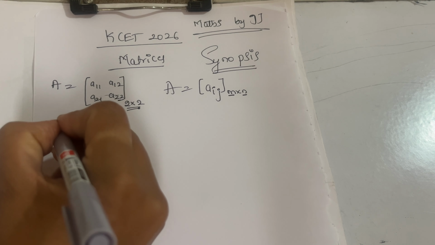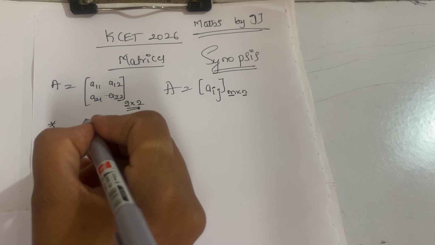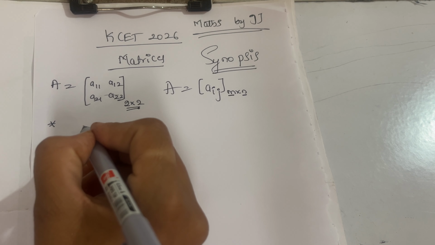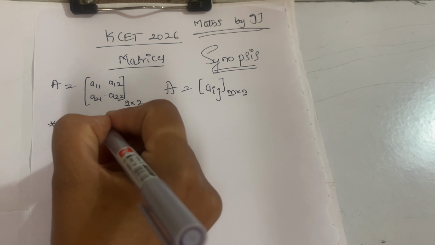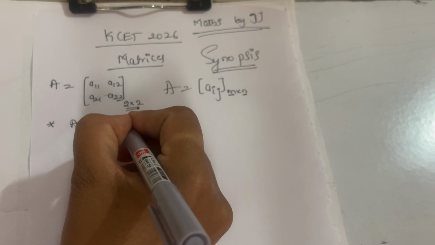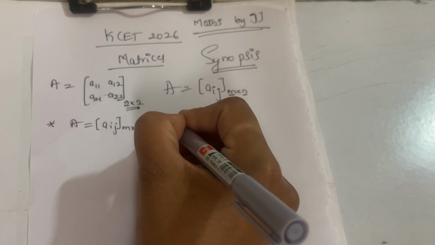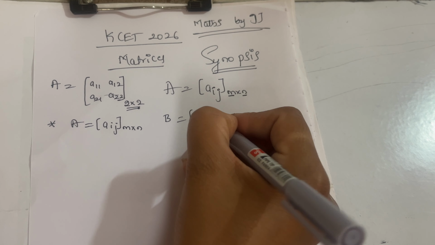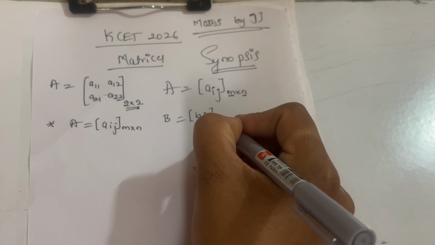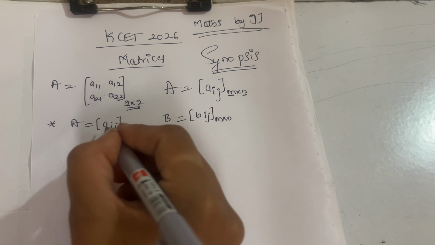Now the next point, I am giving you just a brief idea related to these formulas. A is [aij] m cross n, and B is another matrix [bij], again m cross n.